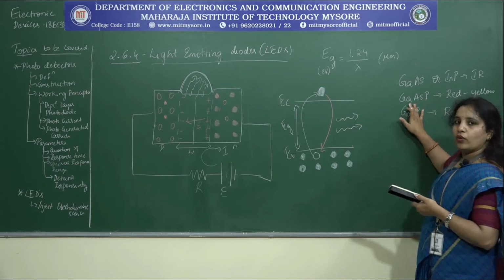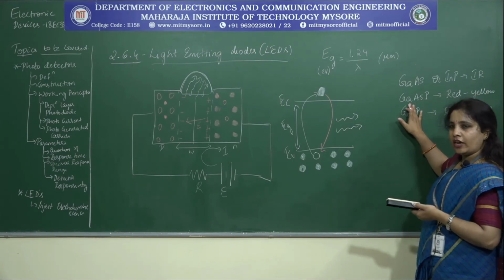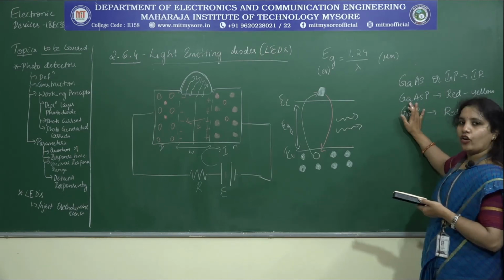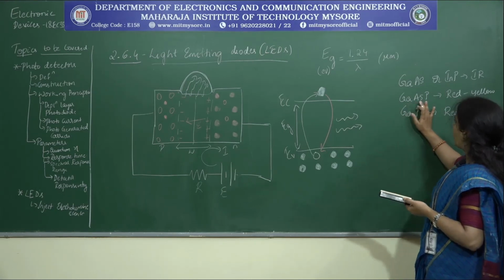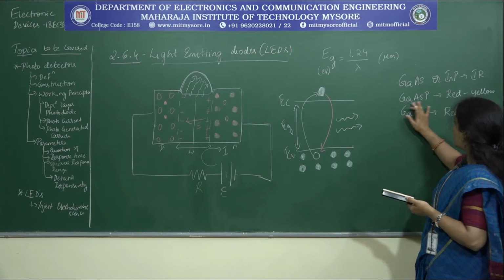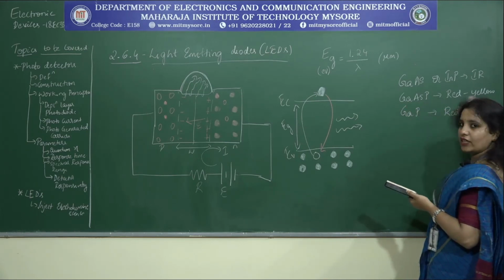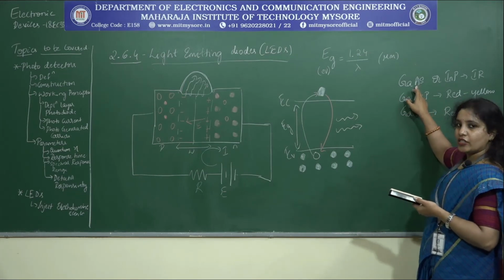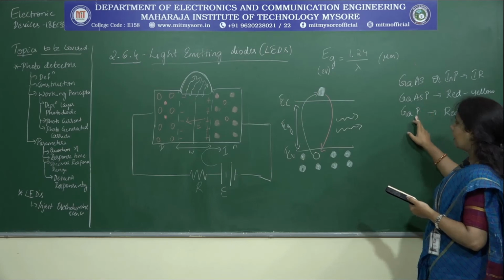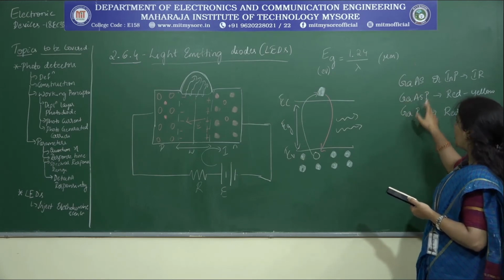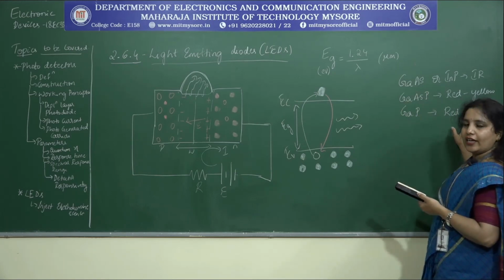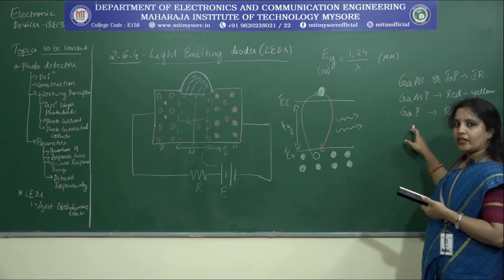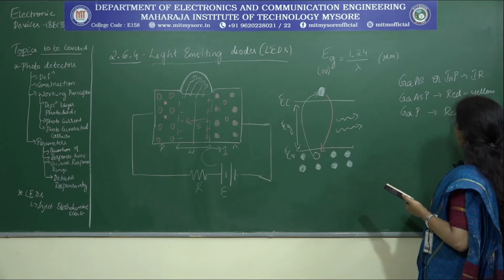Now if I want light in the visible range, like red or yellow, then I'll put together gallium arsenide and phosphide in a certain composition so that I can get these colors. Similarly, if I reduce the arsenide content and increase the phosphide content, then I'll get different colors like red to green. So these are the different compound semiconductors that I can use to obtain different colors.